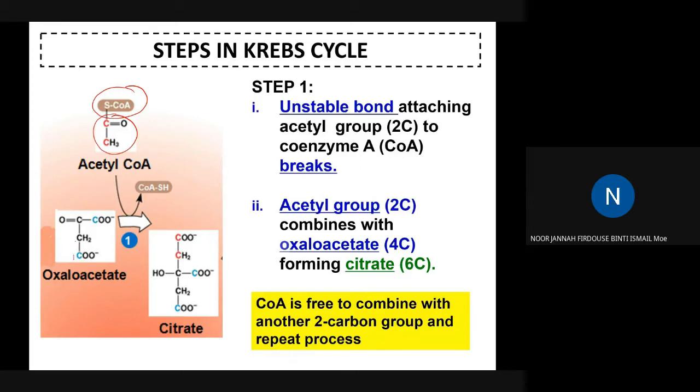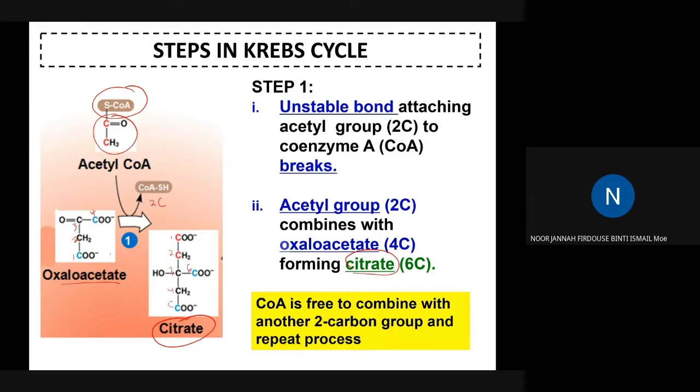Oxaloacetate is a 4 carbon molecule. 1, 2, 3, 4. And then we have the 2 carbon. So oxaloacetate binds with the acetyl group forming citrate. Citrate has 1, 2, 3, 4, 5 and 6, 6 carbons.